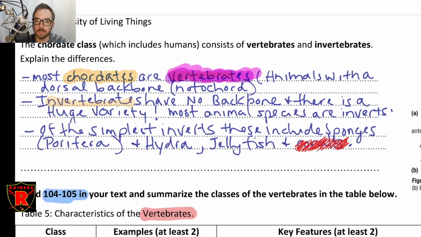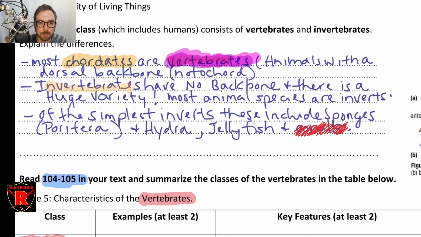There are a couple of classes of chordates that are not vertebrates. We don't really care what they are for this course, so I'm going to ignore them. They're all ocean-going animals that are not super relevant to this course, but most chordates are vertebrates.